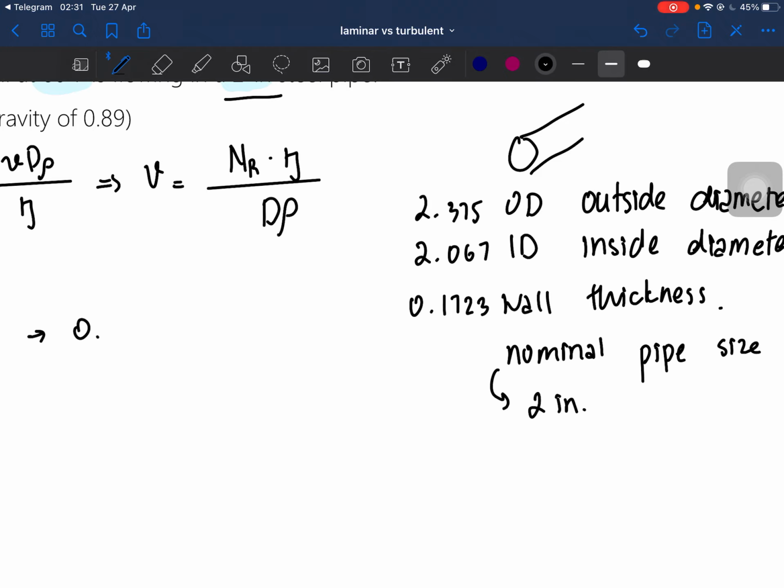The wall thickness here is something else. It's 0.154. So as you can see, 0.154 plus 2.067 is 2.375.